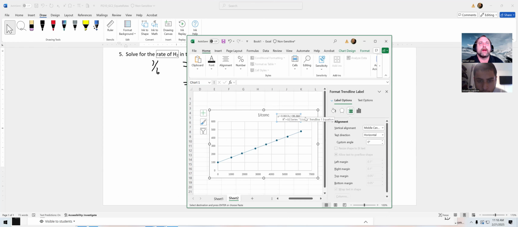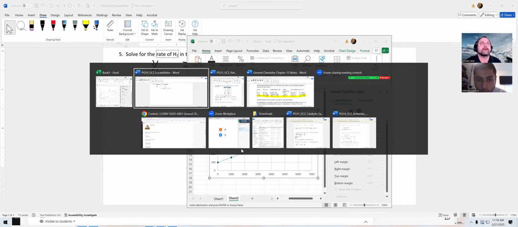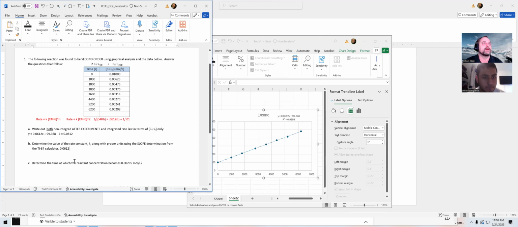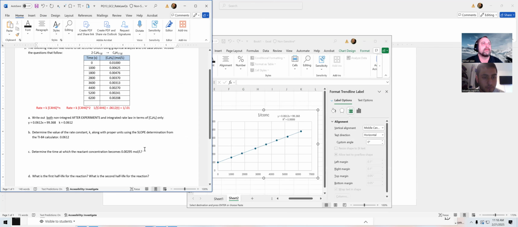But instead, since we have the equation, we have the integrated rate law, we're just going to plug that in. When does it become 0.00295? So that's our concentration.